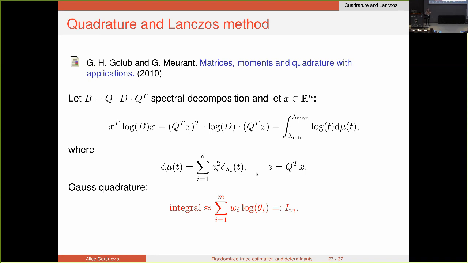It's discrete, concentrated in the eigenvalues of B, and the weights are defined by the eigenvectors of B. Now if you have an integral, you can do a Gauss quadrature and approximate it with a sum of m nodes θ_i and weights w_i. Assume that m is much smaller than the dimension of the matrix, and you just approximate the integral in this way.